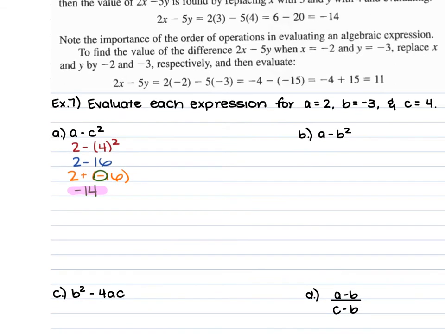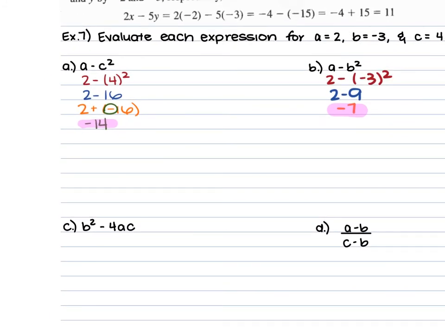For b, we have a minus b squared. Our a, we said, was 2, minus b squared. b was negative 3, squared. So we're going to do that negative 3 squared first. That's going to give us 9, so it's 2 minus 9, which is negative 7. For c, we have b squared minus 4ac.